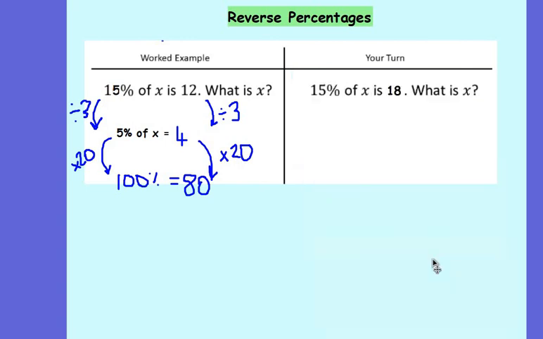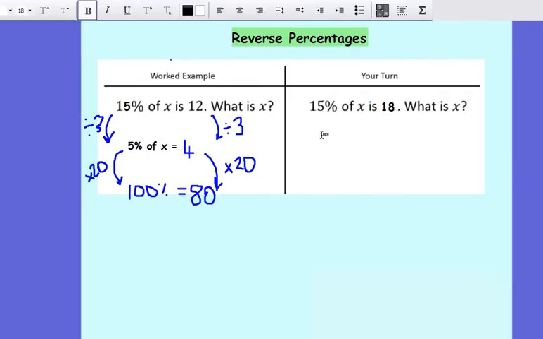Over to you, Year 8. In your light blue books, if 15% of x is 18, what is x? Pause the video for a minute or two and have a go at that question now, please. Okay, let's approach it in the same way. Let's try and work out what 5% of x is going to be.